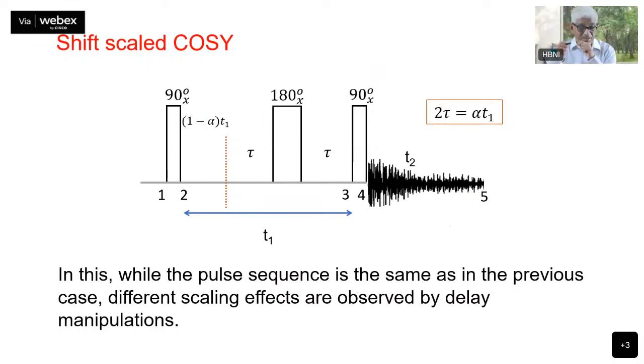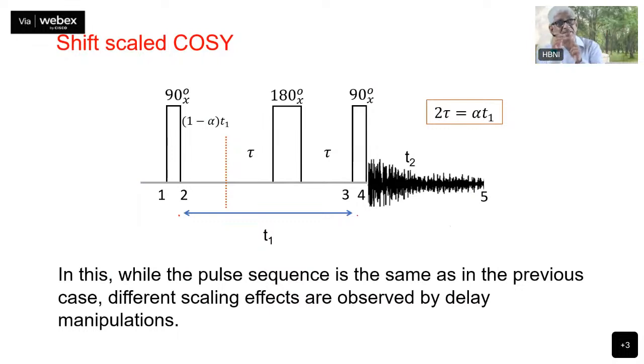You see here, what we have done here is the 90, 180, tau. So in this period, what was T1 earlier, we have made it 1 minus alpha times T1. And this whole period from here to here is T1. In the previous case, what was it? From here to here, it was 1 plus 2 alpha times T1.